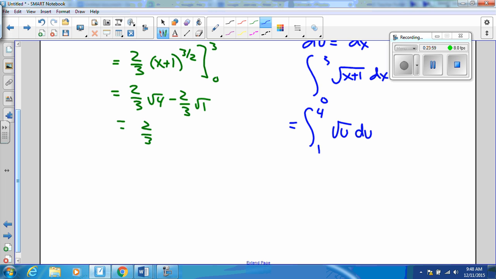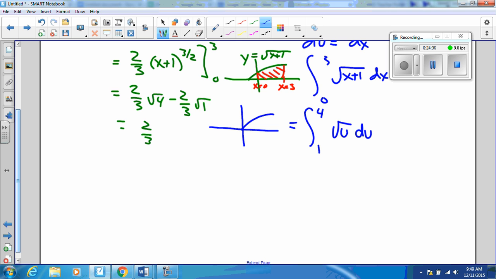Before we actually carry out the integration, I want to observe what we did here. The original integral took the function y equals root of x plus 1, and it integrated that function from x equals 0 out to x equals 3, giving us this net signed area right there. Now, the new integral in terms of u takes a different function, the square root of u, which looks a whole lot like the old function in this case.